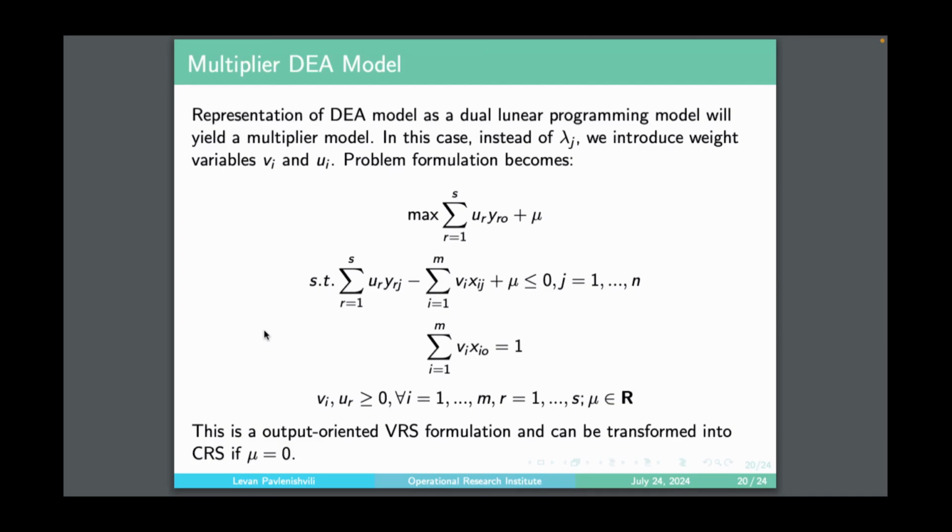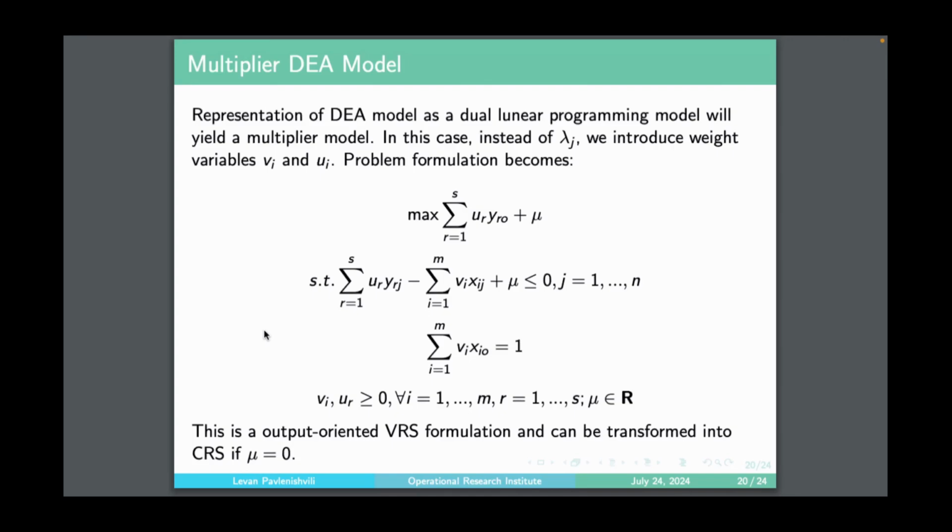Then if I have this term here, this will be a variable return to scale model, meaning that I have an additional decision variable that creates an opportunity to jump to different solutions, which is the idea of variable return to scale. And if I get theta 0, I have a constant return to scale model.